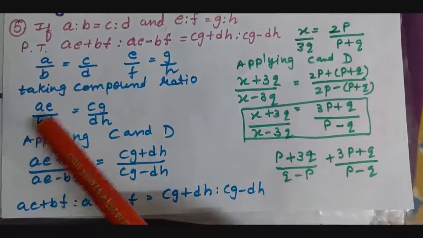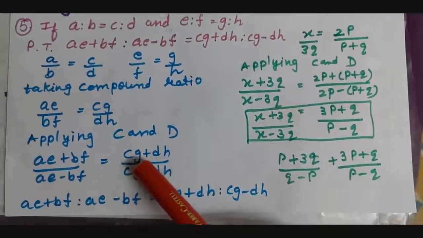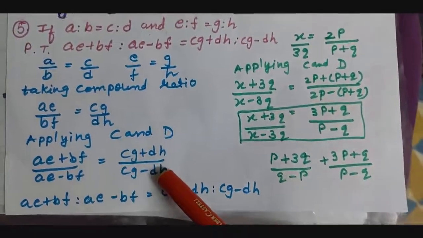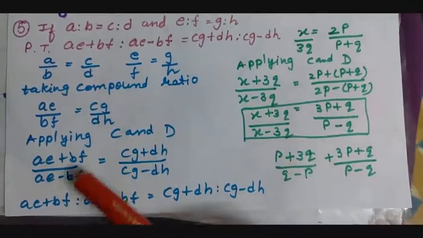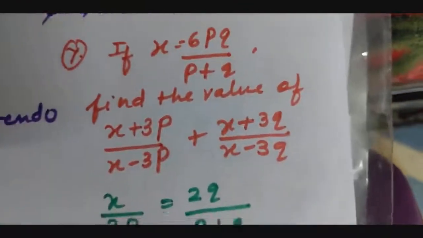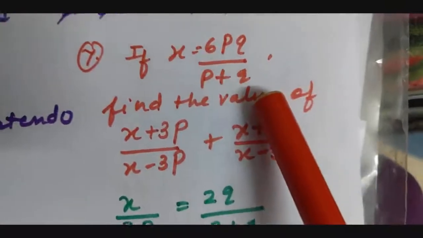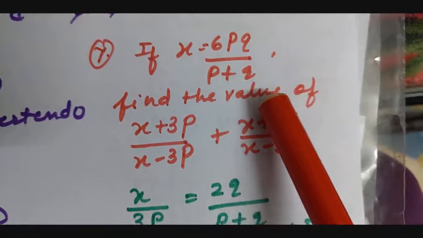So this is numerator plus denominator, numerator minus denominator, and here on the right side same. So that is what our required result is. You can check as a ratio. I get my answer.